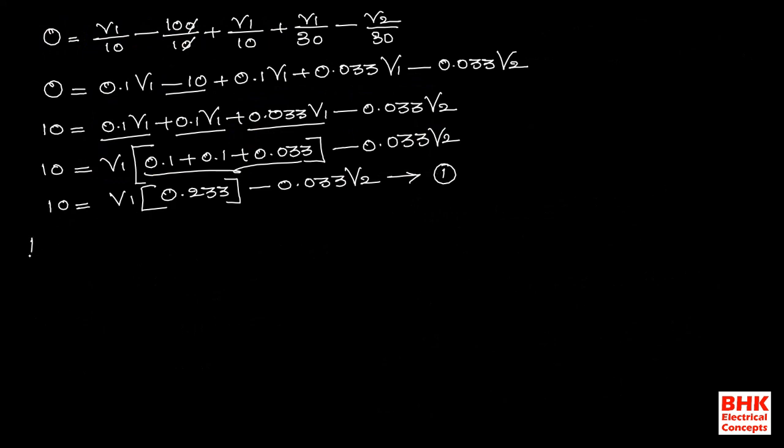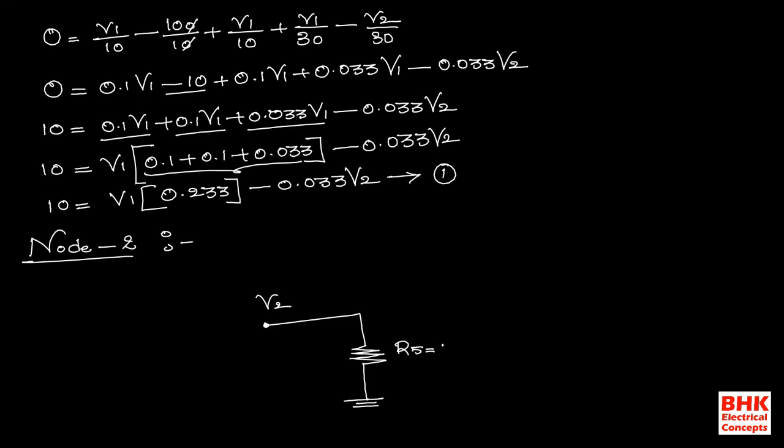Now see here, I am talking about node 2 now. What is the circuit? Here this is V2, and for this V2 we have one resistance connected, R5 equal to 50 ohms, and from this we have another resistance branch, R4 equal to 40 ohms, and another resistance R3 equal to 30 ohms, and this one is V1.